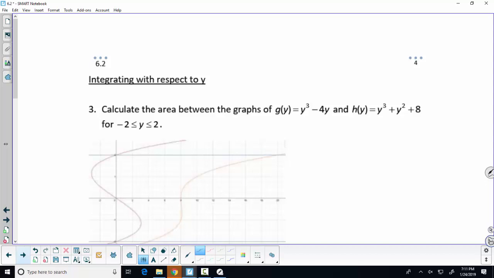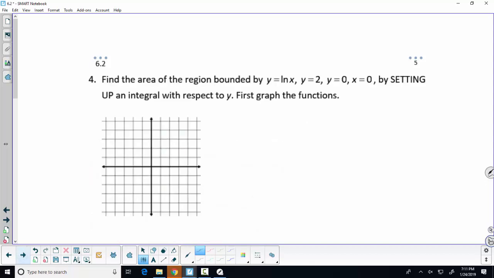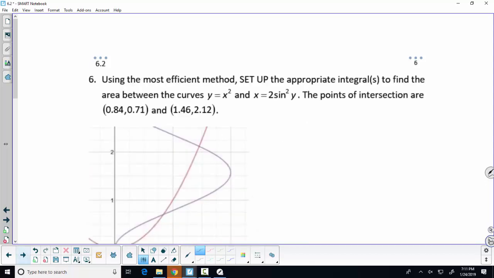Because if we say x is equal to y cubed minus 4y, how are you going to solve for y? You basically have to solve a cubic equation, right? We can't really factor it. I mean, there's a formula for solving a cubic equation like there's a formula for solving a quadratic equation. But if you've ever seen it, you would never want to use it. I promise you, it's ugly.